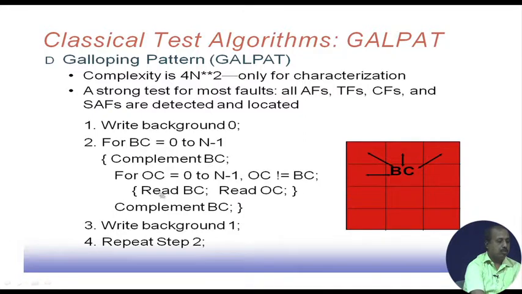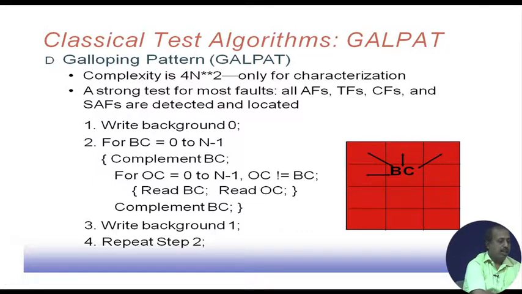Then for the next cell it will be done. So after complementing BC, that is only for one cell, then again we try with the next cell. For every cell we are checking, we are reading all the other cell contents. So the algorithm is very costly.